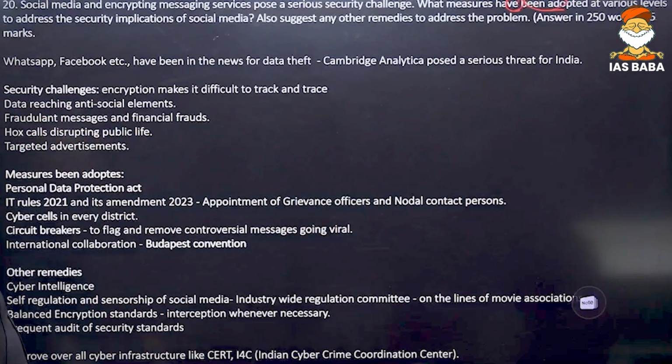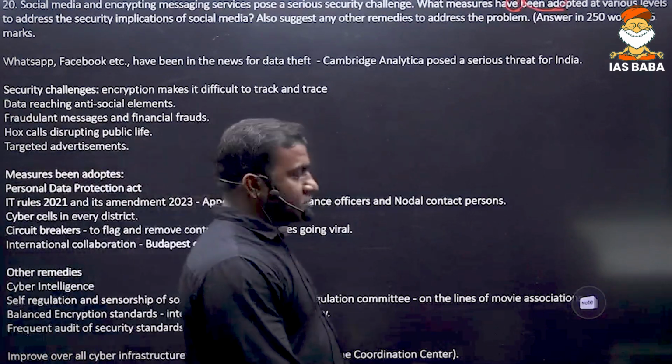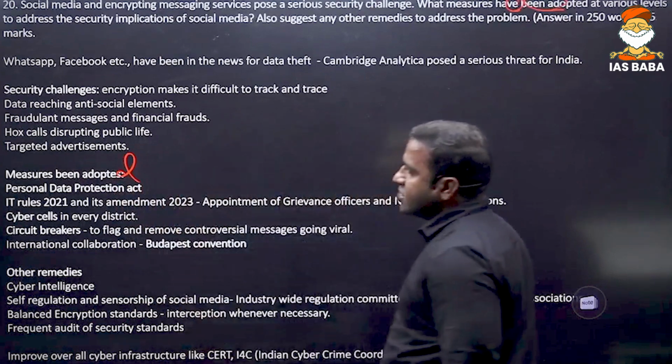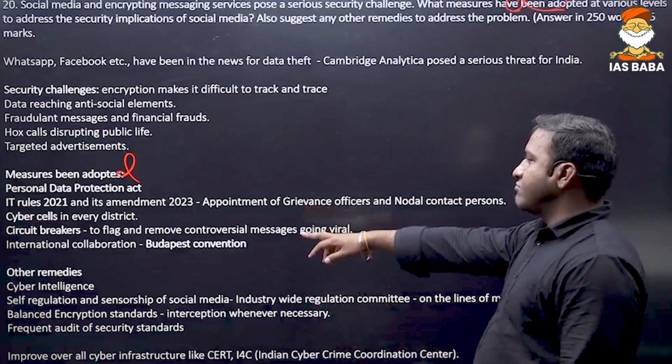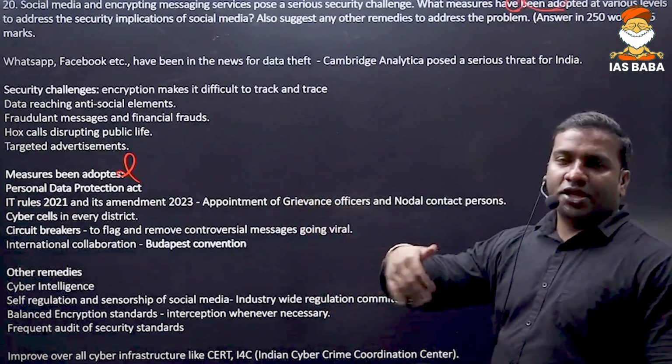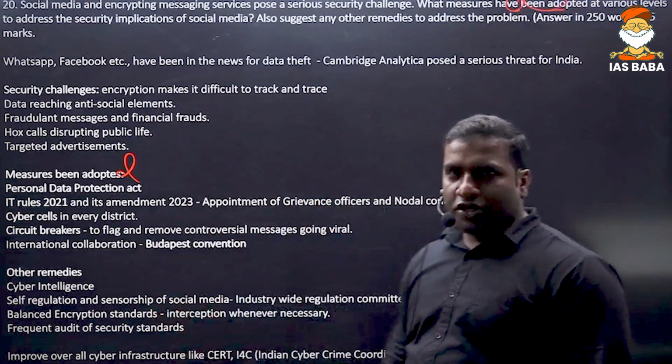Now, security challenges we finished. Measures being adopted. So what are being adopted? Personal Data Protection Act, already we wrote an answer. Then IT Rules 2021 and its amendment 2023. The 2023 amendment included OTT also into the rules.